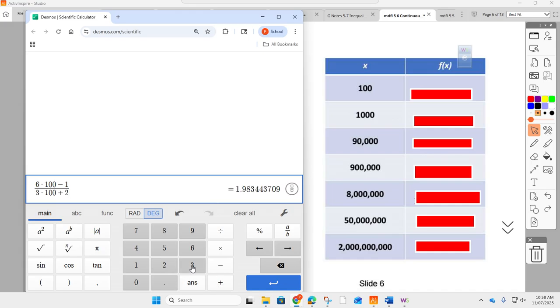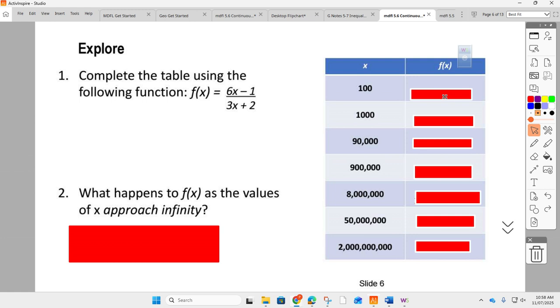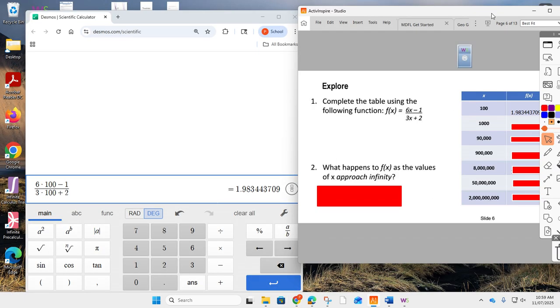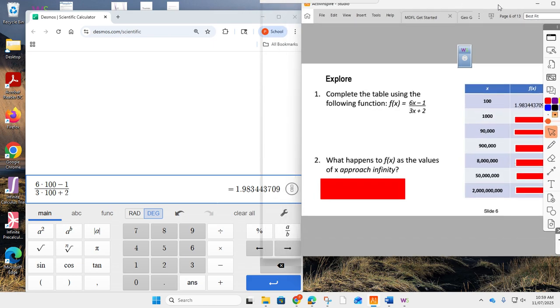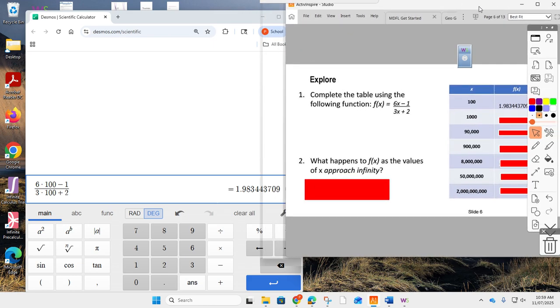Everybody good on that? Oh, that's cool. It'll convert it to a fraction for you there. Did anybody get something different besides that? That's what you should have gotten. So 1.983443709.